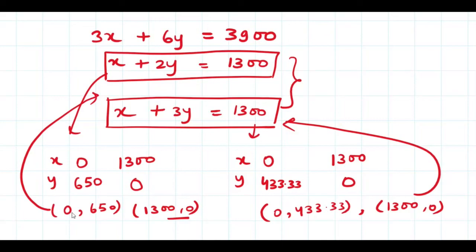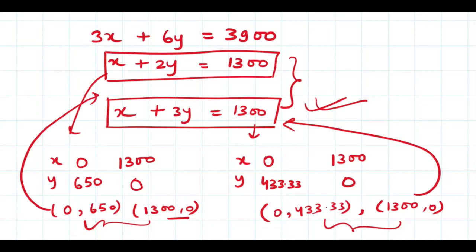When we connect the points (0, 650) and (1,300, 0), we get a straight line corresponding to the equation x plus 2y equals 1,300. And when we connect (0, 433.33) and (1,300, 0), we have a straight line corresponding to the equation x plus 3y equals 1,300.